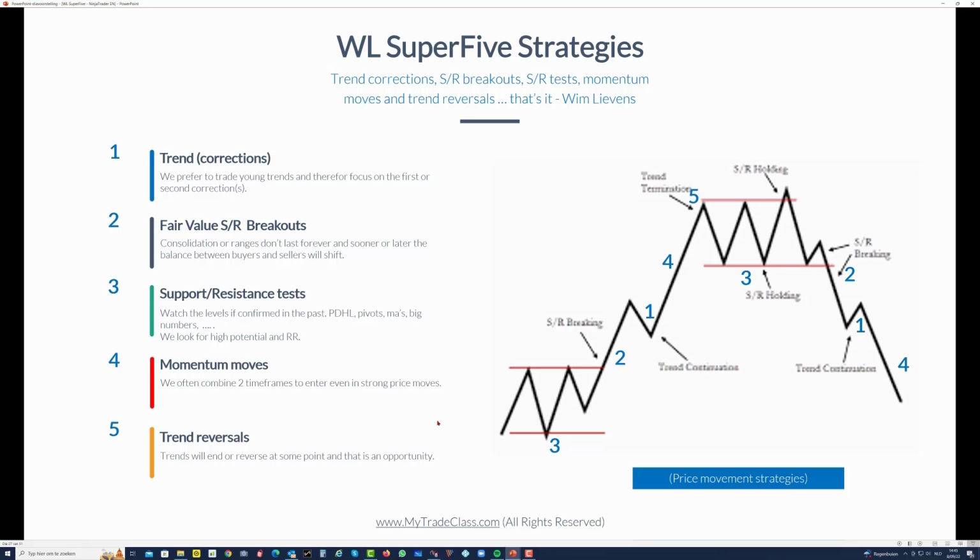These are the 5 strategies which I actually programmed, incorporated, created the algorithm to trade. Now, again, I hope you can immediately see that there is a certain structure, a certain logic to all this, because in my mind, these are the most important movements that you can have. Now, of course, there are good setups and not so good setups, and of course you have to be able to recognize those.